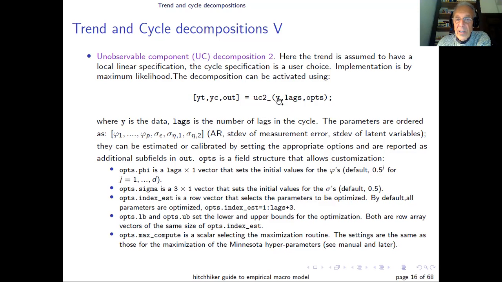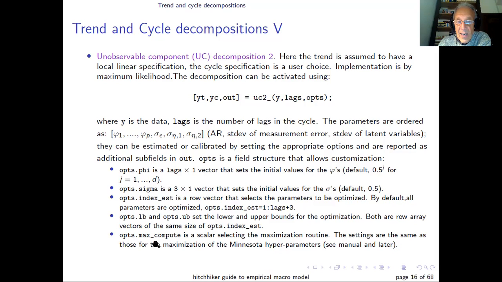The inputs are the data, the number of lags in the cycle, and the options, which are listed below. Estimation here is by classical maximum likelihood, and the parameters are listed in the order: first, the autoregressive parameter, then the standard deviation of the measurement error, if there is measurement error, and of the trend and of the cycle.